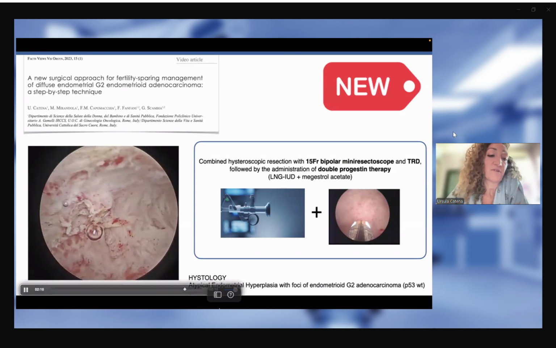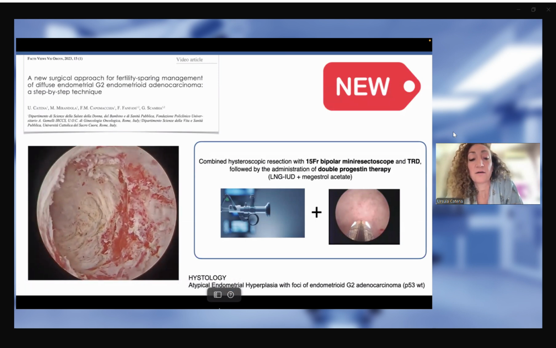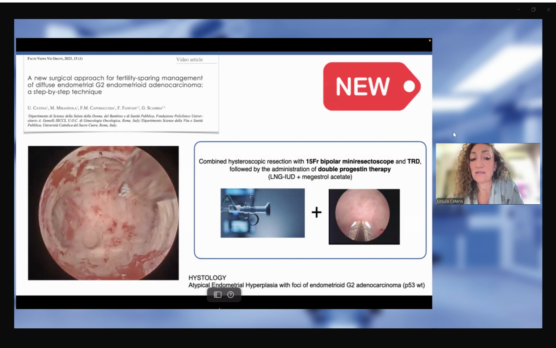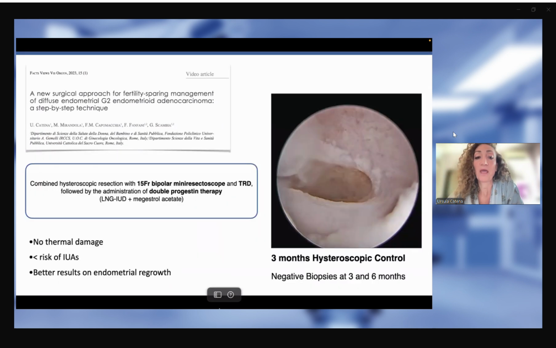And this is the final view soon after the end of the surgery, and we put the Mirena inside the uterus.